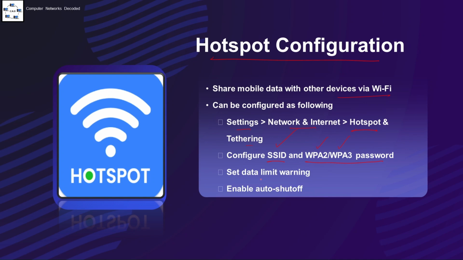You can also set data limits because this is very data intensive usage. Multiple devices will be using your cellular data. So you can cap the data limits, such as stop the connection when data usage reaches 2 GB. And after that, you can enable the auto shut off feature.